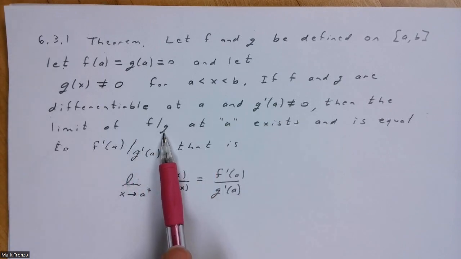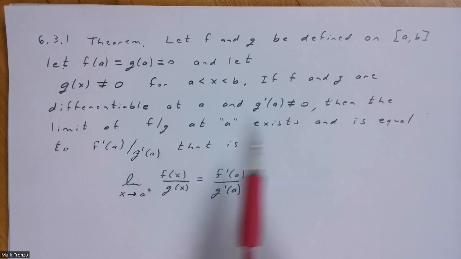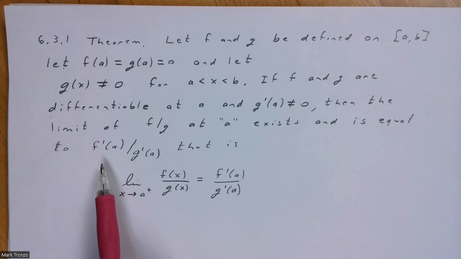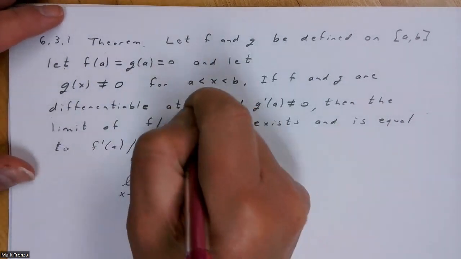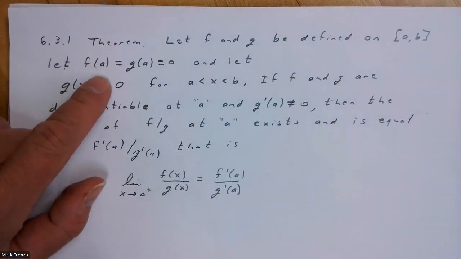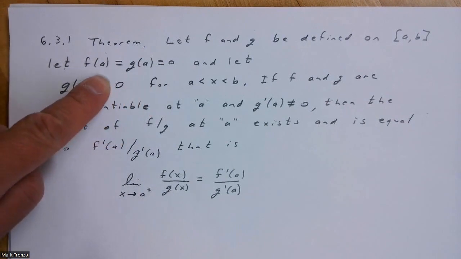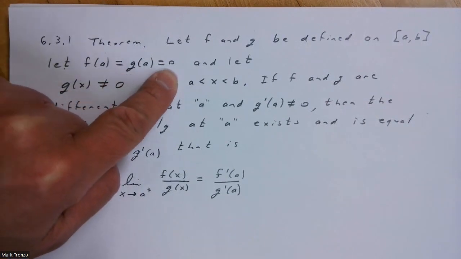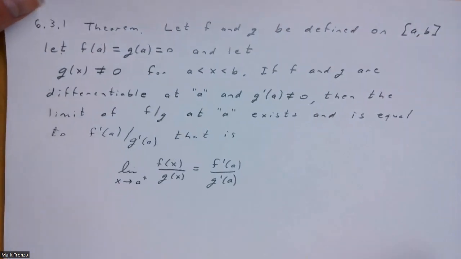Then the limit of f divided by g at a exists and is equal to the derivative of f divided by the derivative of g at a. So again, for this particular theorem, an important thing that we need is that f of a and g of a have to be 0. So let's take a look at this and see if we can prove it.